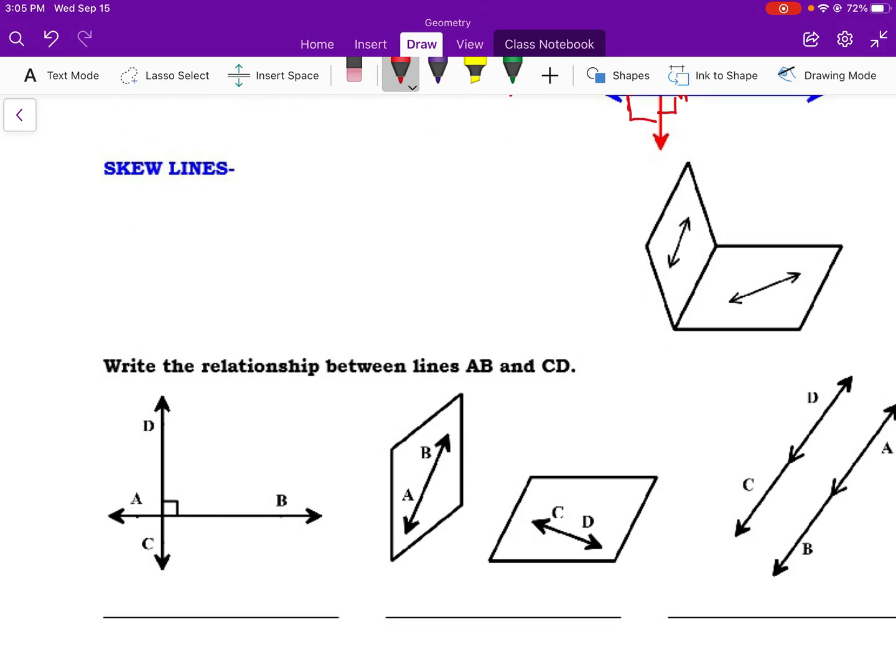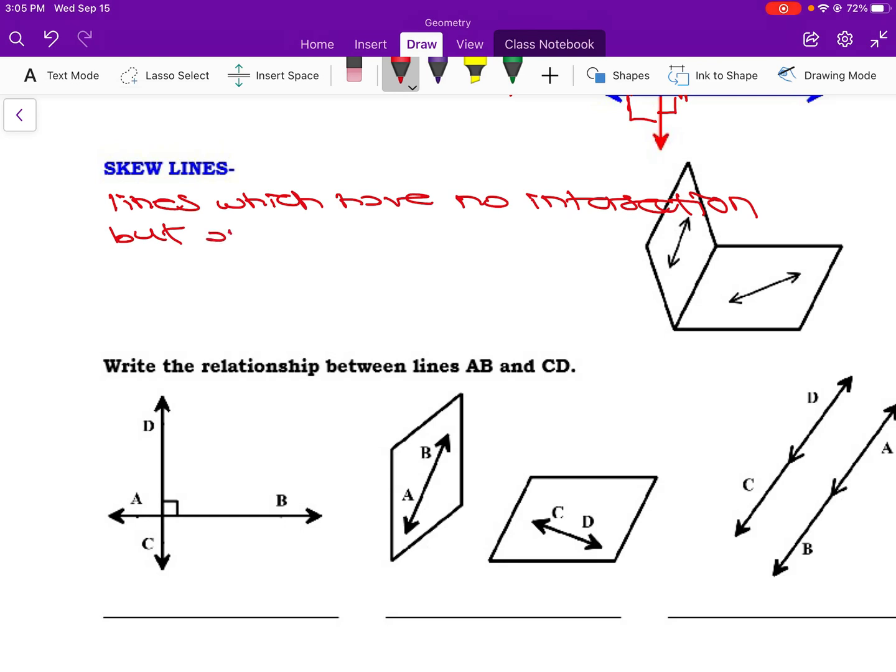Skew lines, this is likely a concept that you've not yet become acquainted with, but these are lines which have no point of intersection, but are not parallel.